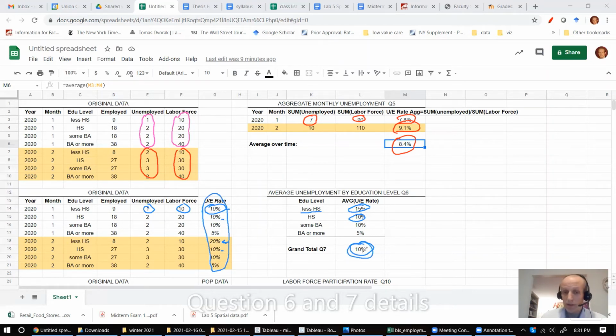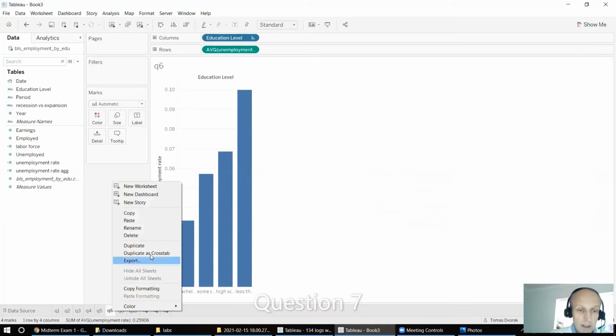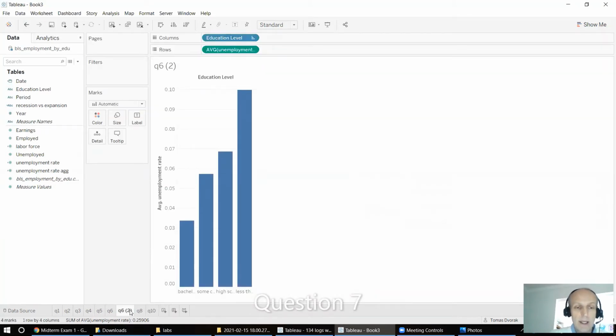That's certainly a different number from the average aggregate unemployment rate, because the average aggregate unemployment rate weighs different education levels based on how important they are in the labor force. Whereas this average just takes a plain, simple, unweighted average across all the years and all the months and all the education levels.